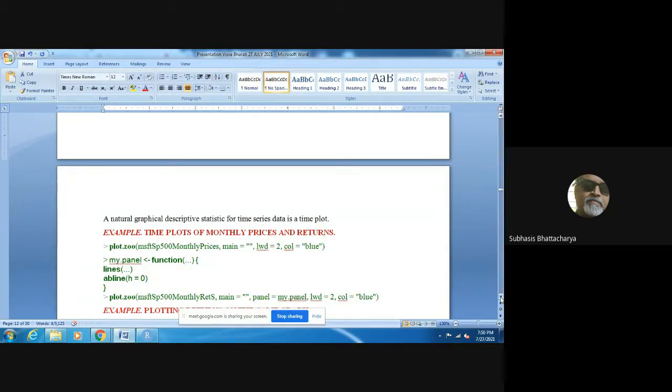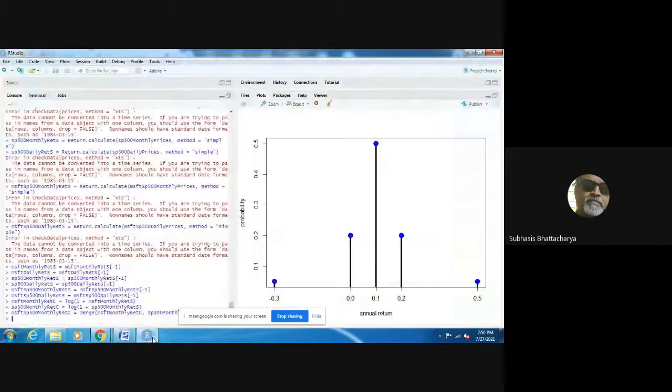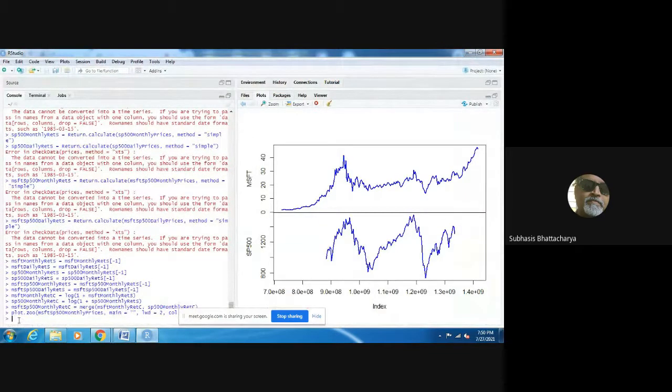So we are doing it by zoo objects, that is plot zoo. That becomes visible, SP500, but look, the axes are not marked, so you have to mark the axes.